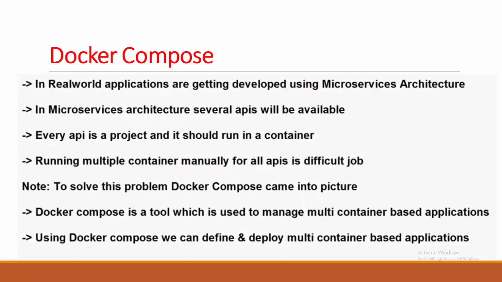So, Docker Compose. In the real world, applications are being developed using the microservices architecture. In microservices architecture, every API is available as its own project and it should be run as a container.